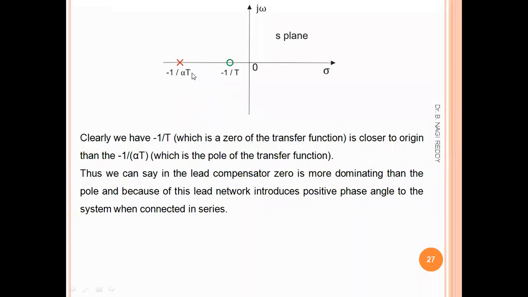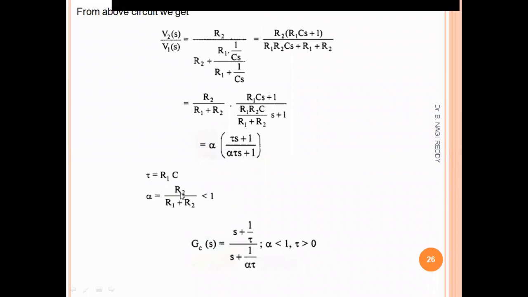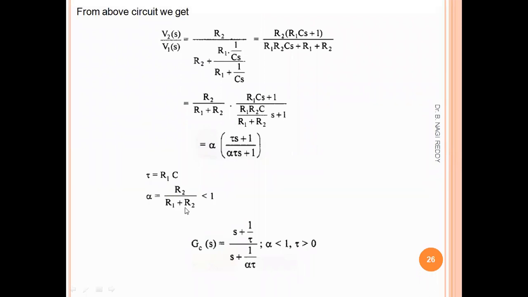However, you can observe, sir, you can ask why the pole is very far from the origin and why the zero is nearer to the origin. Because alpha is there. If we multiply the tau with alpha, and take the reciprocal, then we may get a chance of getting a higher value, right? But you remember that the alpha value is always less than 1, because see this formula, R2 by R1 plus R2.